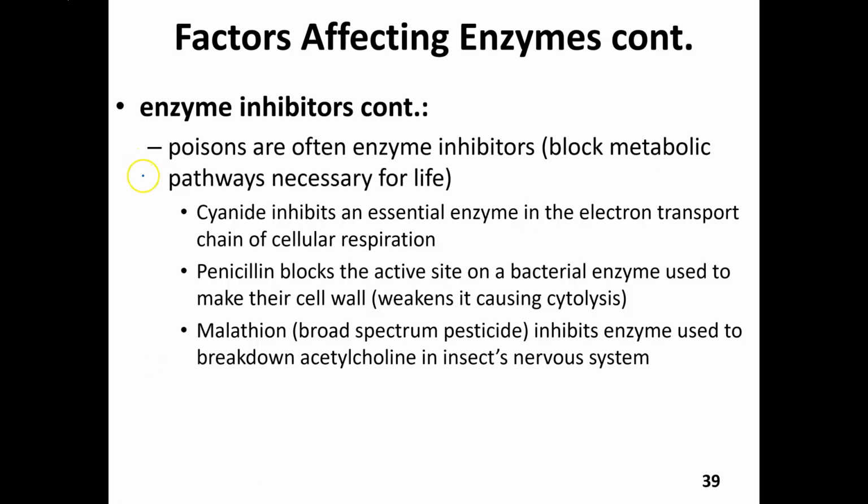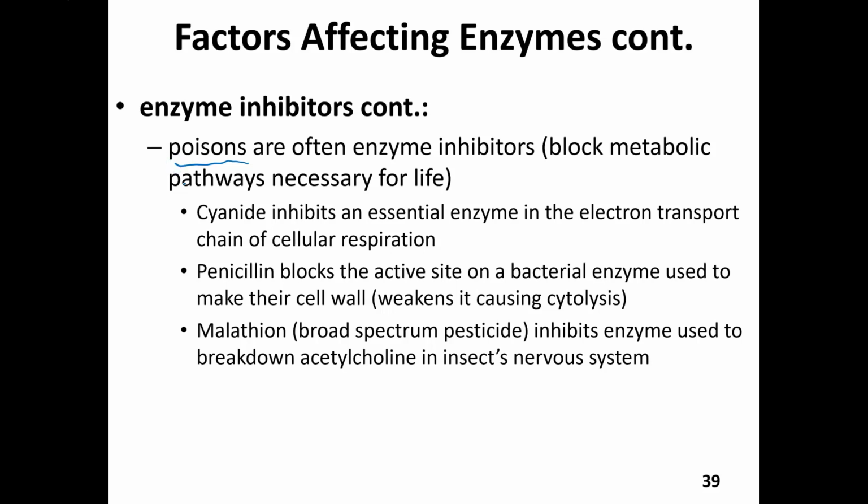So I did mention that both of those are used in maintaining enzymatic pathways, metabolic pathways, and in inhibiting reactions from occurring that don't need to occur. And that's known as feedback inhibition. But we also have enzyme inhibitors that are called poisons, okay?